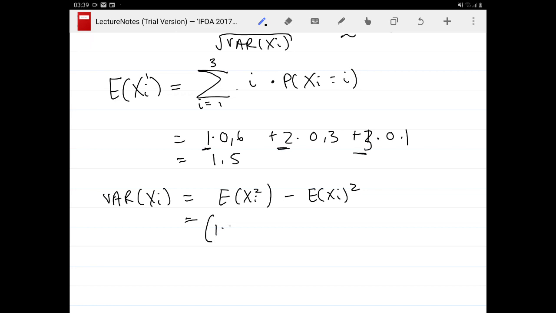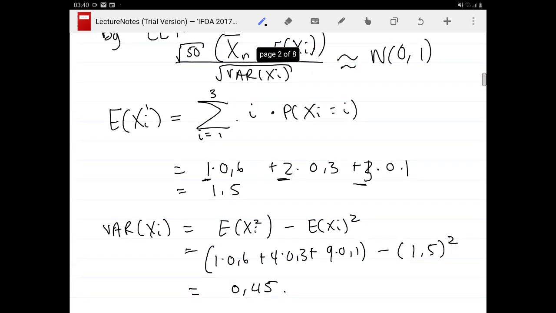So that's 1 times 0.6 plus 4 times 0.3 plus 9 times 0.1. We don't square that whole thing, because we square the inside, and we subtract the square of our actual expectation, which is 1.5. When you work this out, it is equal to 0.45. Okay, so now we have the variance and the expectation.